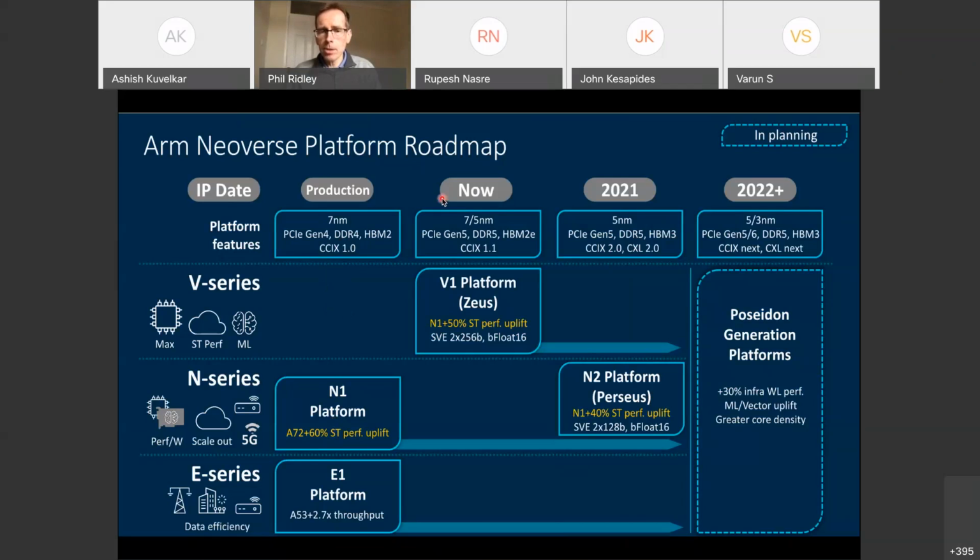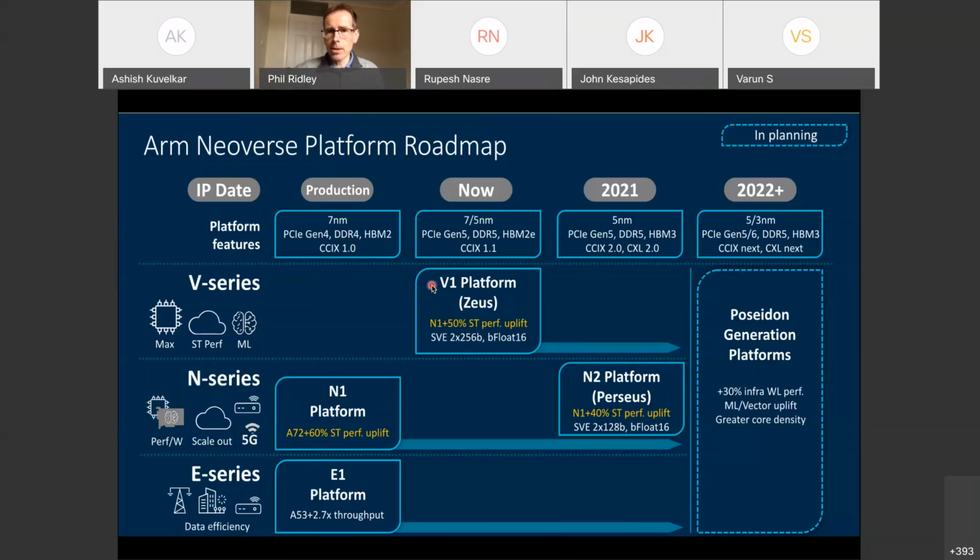But coming shortly will hopefully be the Neoverse V1 platform CPU. Now, the N1 and the V1. So the N1 is for compute. The V1 was for scale.